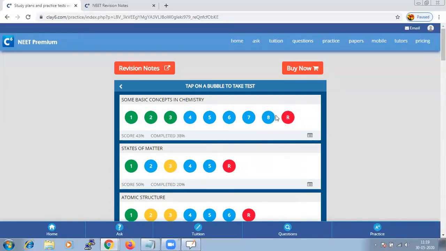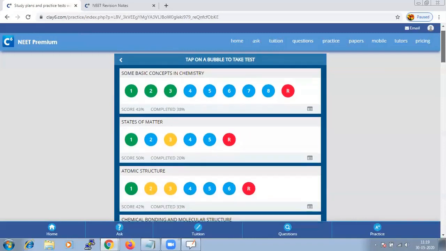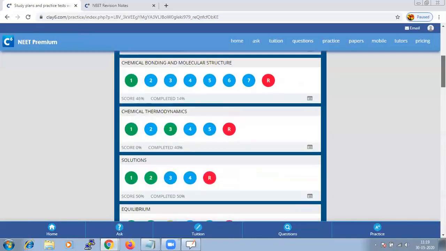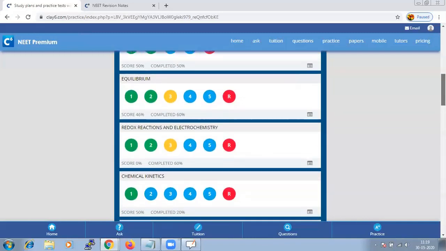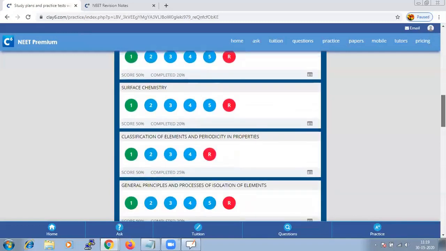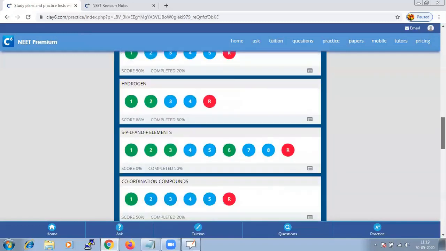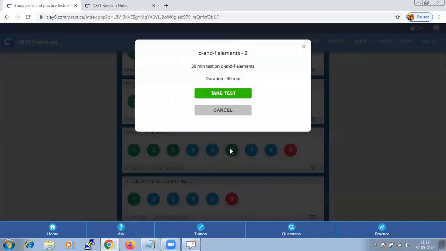R is a random test if we need any additional practice from the same chapter. Even if the color is green, it doesn't mean that you cannot take the test again. A test can be taken any number of times until you feel confident on that particular chapter.